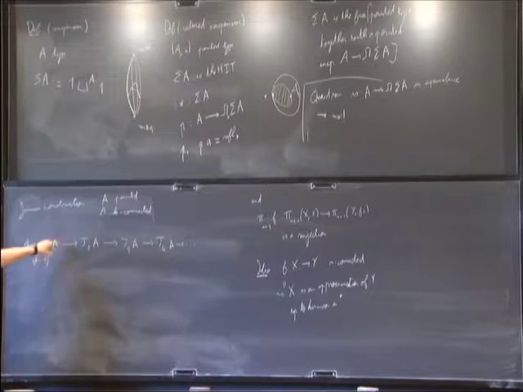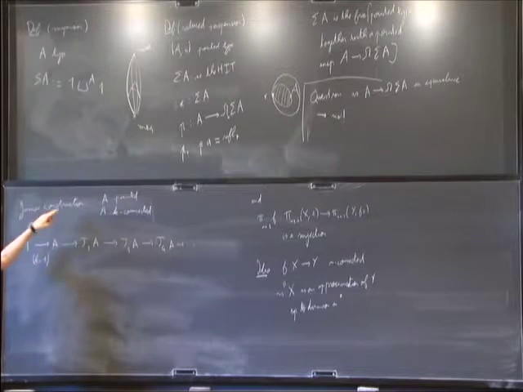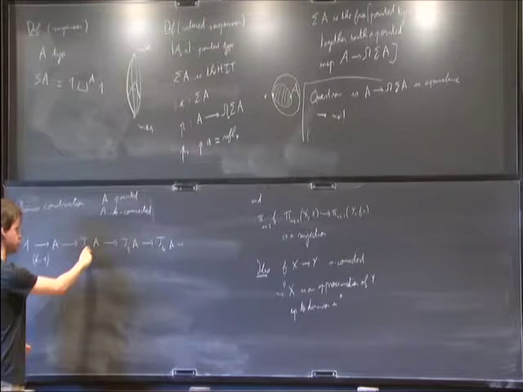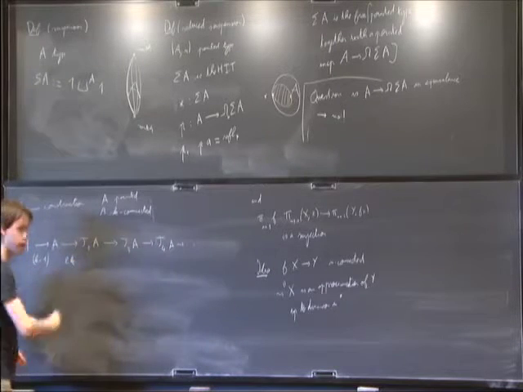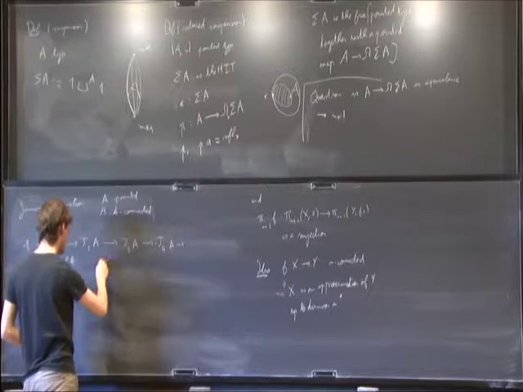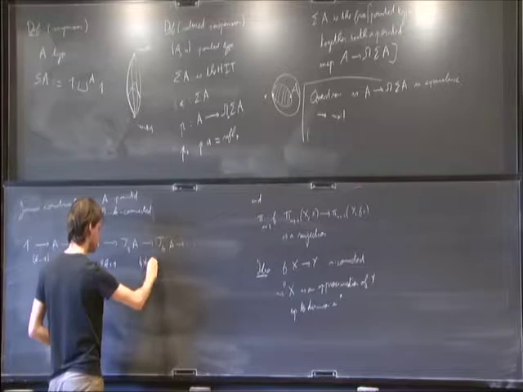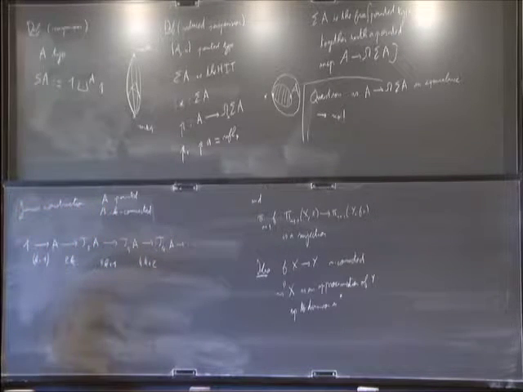This is a general fact: if you have a space which is k connected, the inclusion of a point is k minus 1 connected, because the fiber is the loop space, which is k minus 1 connected. Then we'll prove that the map from A to J2 of A is 2k connected. The map from J2 of A to J3 of A will be 3k plus 1 connected, then 4k plus 2 connected, and so on. So the first map is k minus 1 connected, and then for each map, the connectedness increases by k plus 1.